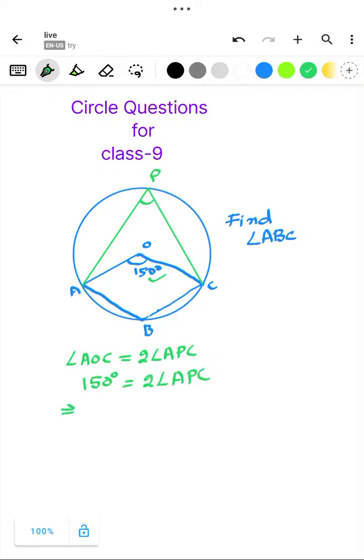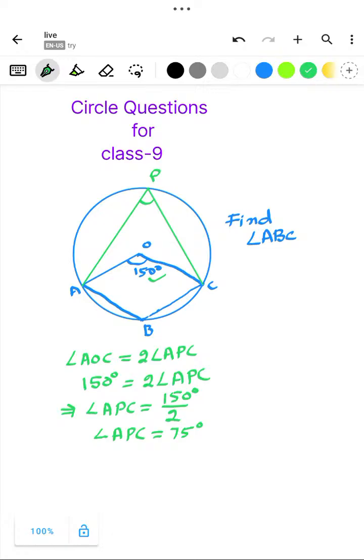This implies angle APC is equal to 150 divided by 2. So this will give angle APC is equal to 75 degree.